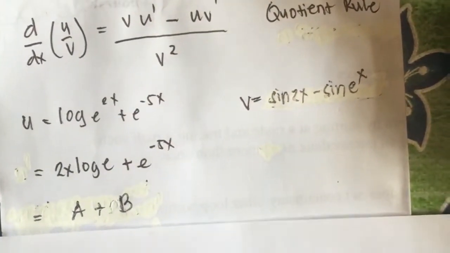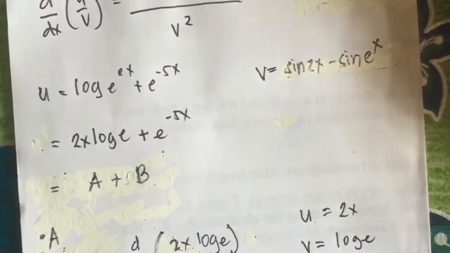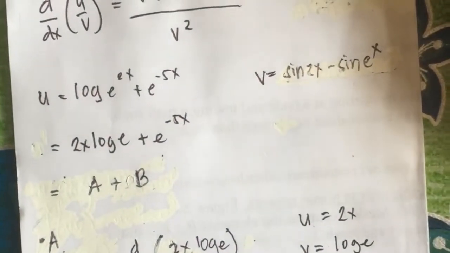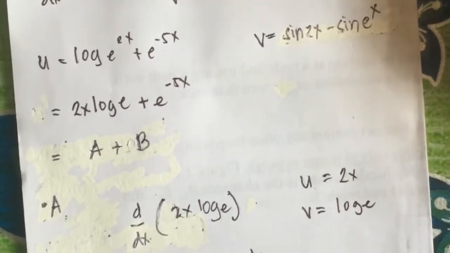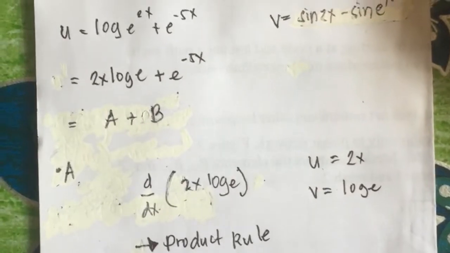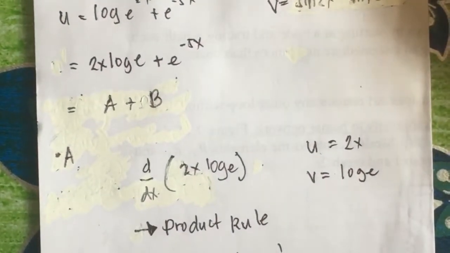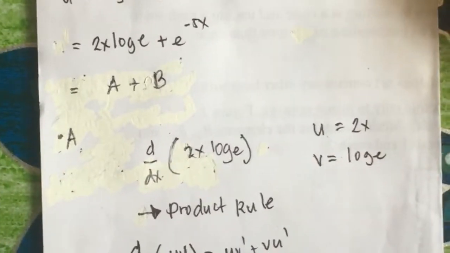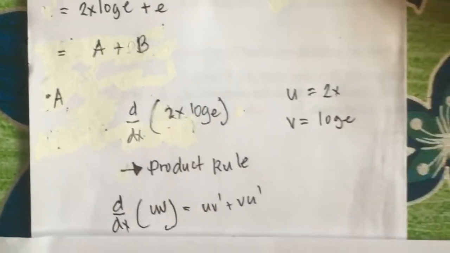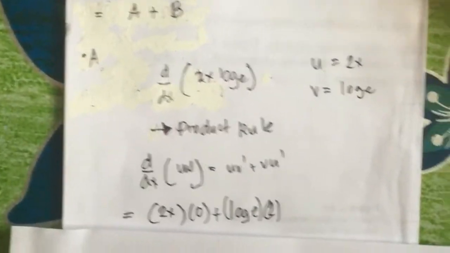differentiate a first, which is 2x log e, and we know that this a is the product rule, which is uv equals uv prime plus vu prime. We know that u is equals to 2x and v equals log e, and to get the derivative of 2x log e, we substitute u as 2x, and v prime is log e.